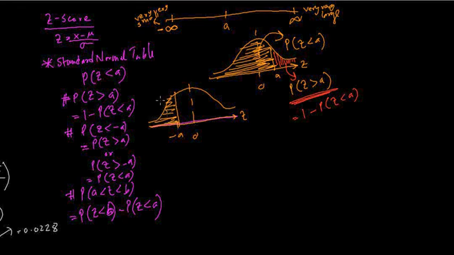Now if this is the probability of less than minus a, by symmetry, if there is an a here, it would exactly be the same, because this is bell shape. This is 0, mean, mode, median equal. This and this, they're exactly the same. So this would be the probability of z is greater than a. That's why we have this rule that z less than negative a is the same as z greater than a. That's what I meant when I said by the law of symmetry. This is all that means. So this thing and this thing is the same.